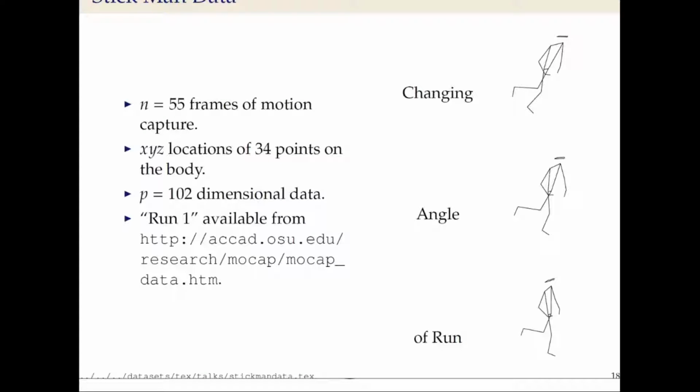This is another data set. This is 55 frames of a person running for 3 strides, like that. It's the X, Y, Z coordinates, motion capture data from Ohio State University, which I tend to use a lot for dimensionality reduction. It's 102 dimensions because there's 34 points, 3 dimensions associated with each point.